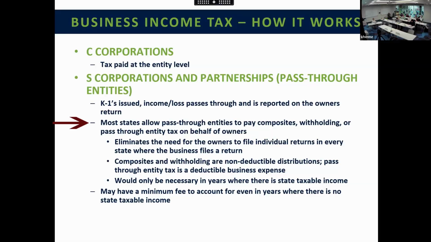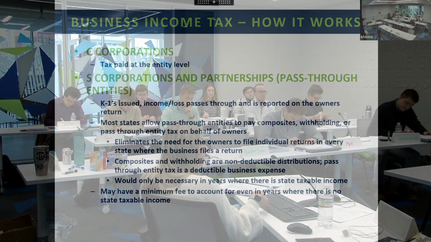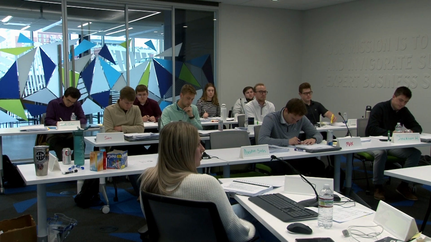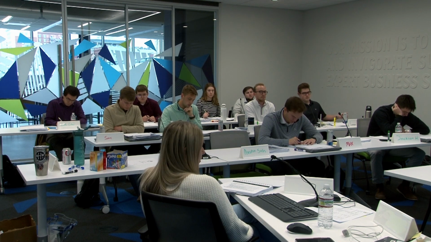With these payments, these states allow the pass-through to make a payment on the owner's behalf so that all the owners don't have to file in all the states that the business files in. So there's composites, withholding, and pass-through entity tax, the three different types of tax that can be paid on owners' behalf by the pass-through entities to states. The goal is that all the owners don't have to file everywhere that the business files.